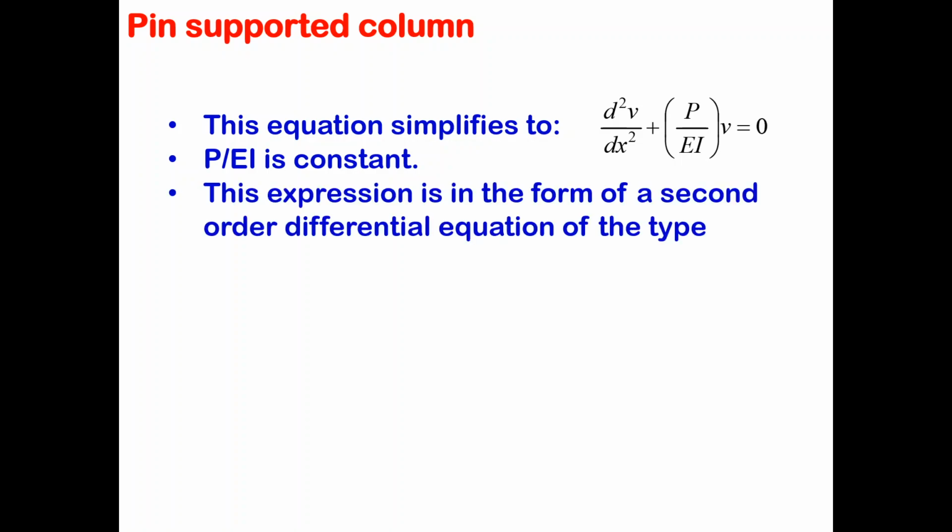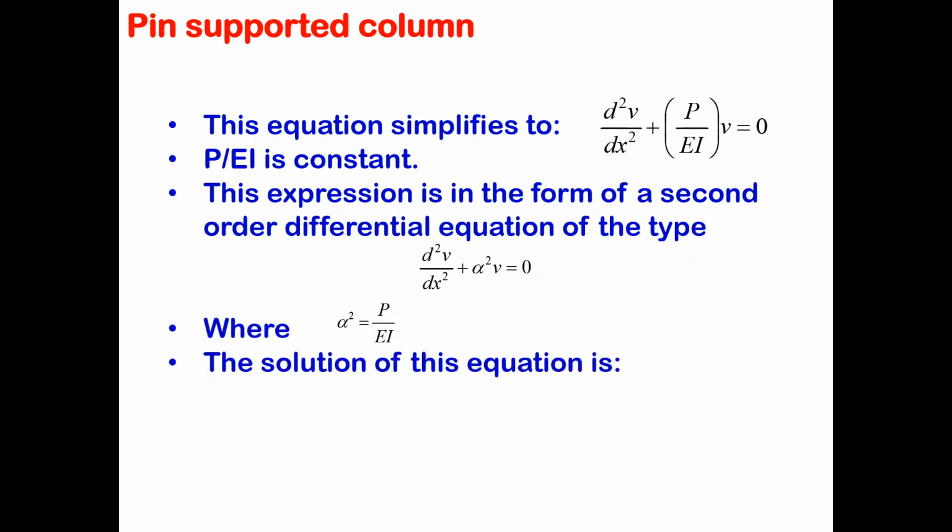This is a form of a second order differential equation of this type: d squared V over dx squared plus alpha squared V equals 0. This is one of the very common ordinary second order differential equations that we can see, and we already have the solutions for it.